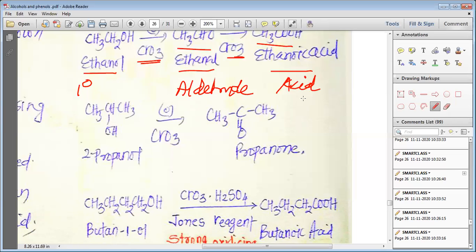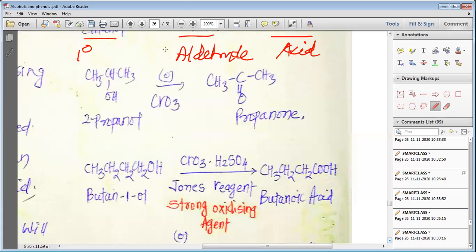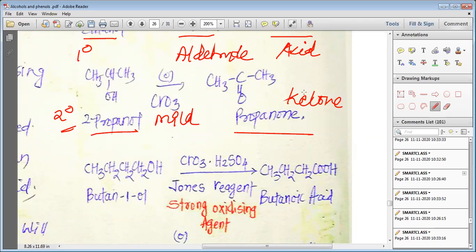So primary alcohol on mild oxidation gives aldehyde and acid, but secondary alcohol, which is 2-propanol, on mild oxidation, gives us ketone propanone. So this is what we can easily understand.